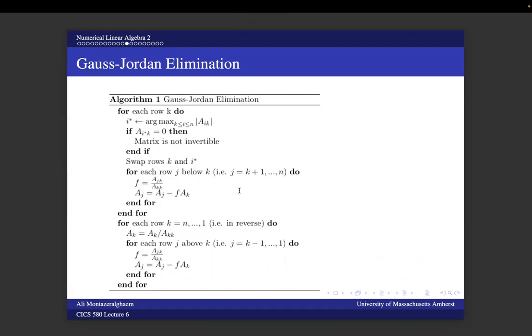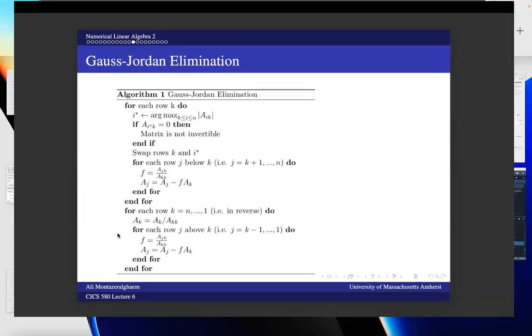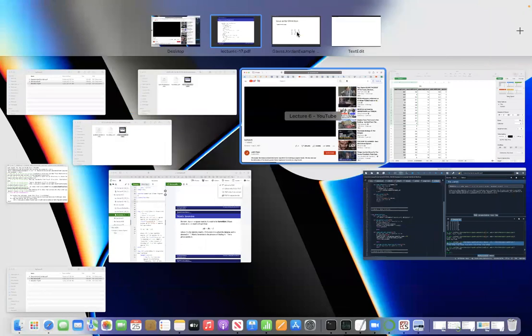And we have a pseudocode for this algorithm, and as you can see, we have 2 for loops here. The first one is like this, and the second one is just like this. So I have an example to show how this pseudocode works.